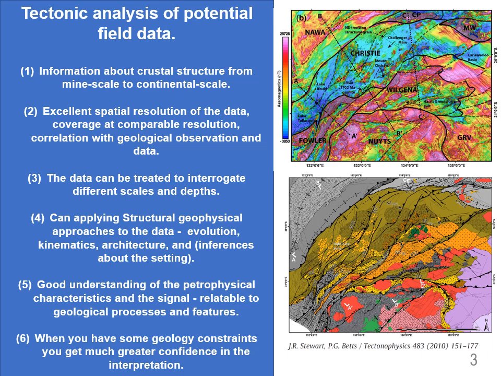The images that you see on the right are from a paper from Johnny Stewart and myself a decade ago, really highlighting the types of approaches that we use in structural geophysics groups to create geological maps to assist geologists, and the interpretation that you see there is of the northwestern portion of the Gawler Craton that covers Archean and Paleoproterozoic rocks.